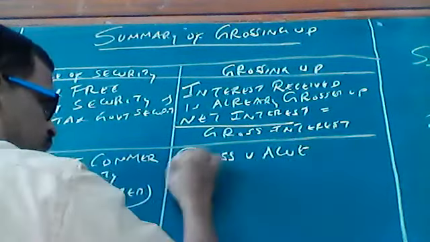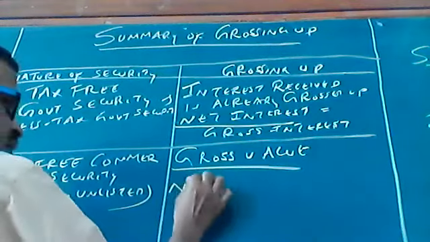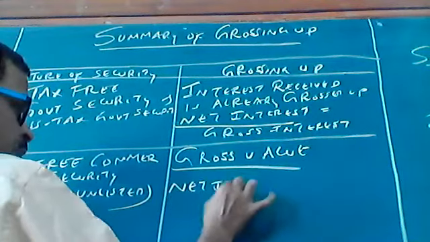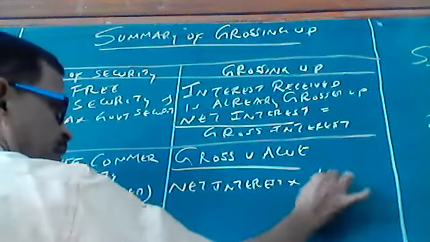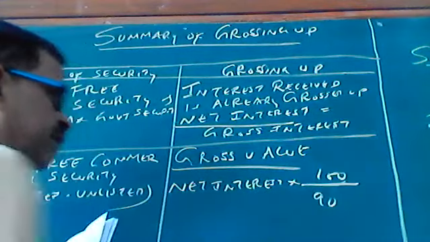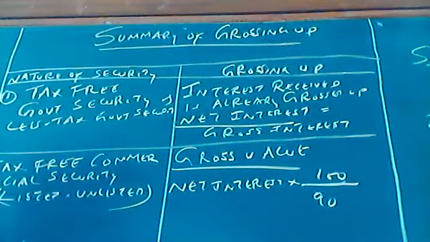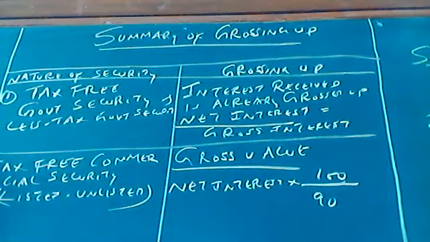Gross value is equal to net interest into 100 by 90. By 90 because we take 10% TDS, tax deduction at source. In case of tax-free commercial security, both listed and unlisted.